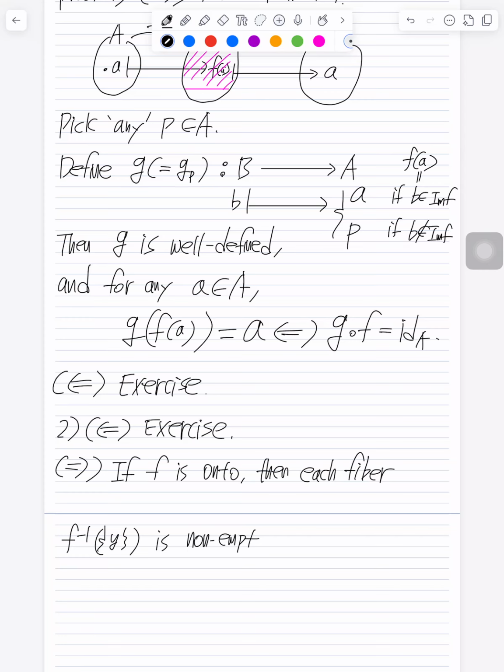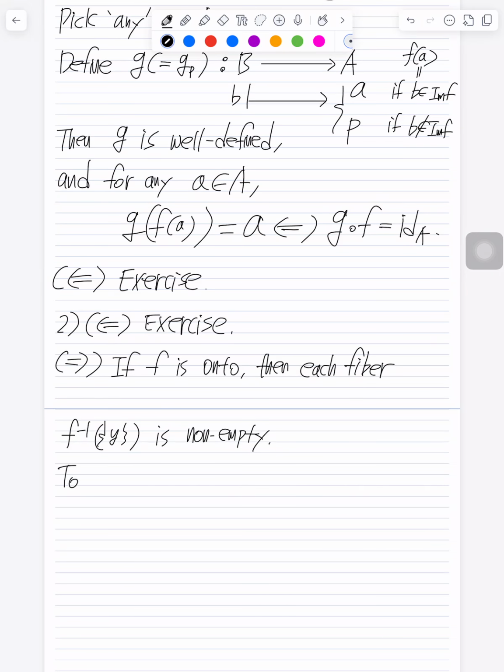But other than that, we never said that this fiber is a singleton set, because this function f is not one-to-one. Therefore, to define a function g from B to A, we must select a single representative from this fiber for every y in B, ensuring f of g of y equals y. Let you think about this perspective, because this is mathematically important from an axiomatic point of view.